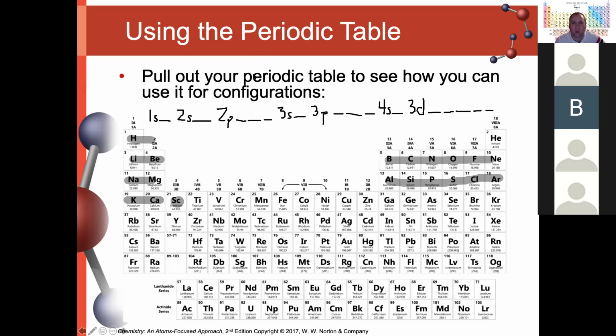And so where that comes in handy is I can put in my 3d1 like that. And I know that that's the only sublevel that's going to be partially filled, and every other sublevel that came before it is going to be completely filled.